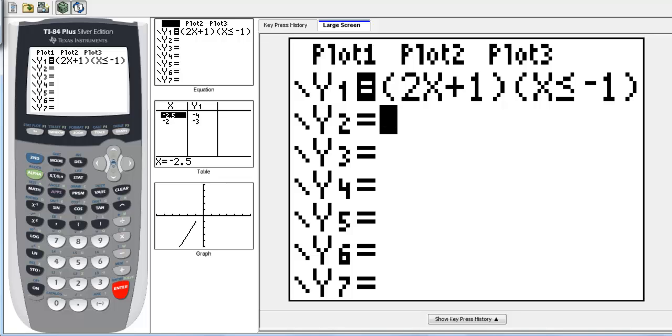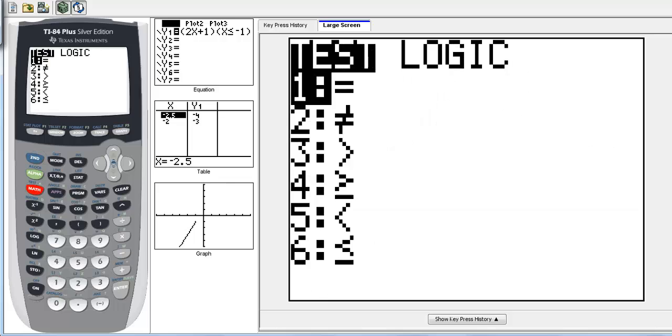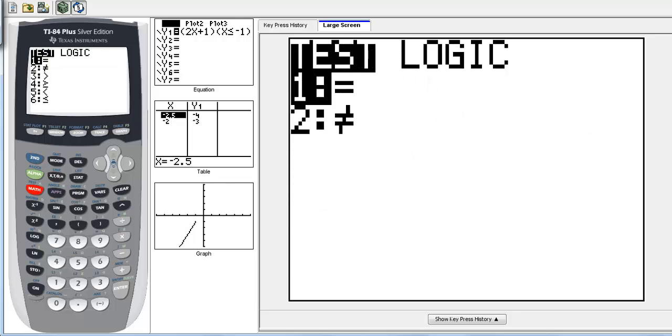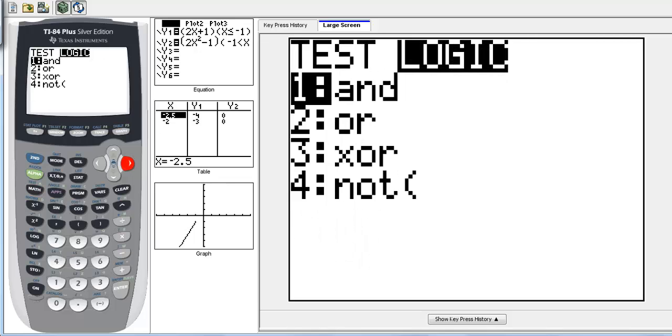And we're going to type in parentheses 2x squared minus 1, put that in parentheses, and then our second set of parentheses, we're going to type in -1, and then we want less than x. So we would go second and math, number 5 is less than x, and then you're going to go for second function math and scroll over to the top here to where it says logic, and then you would select number 1 for and.